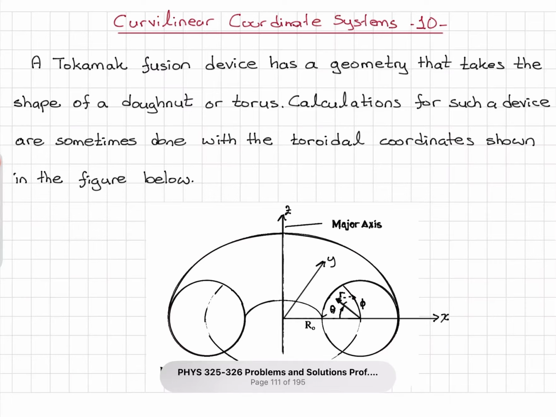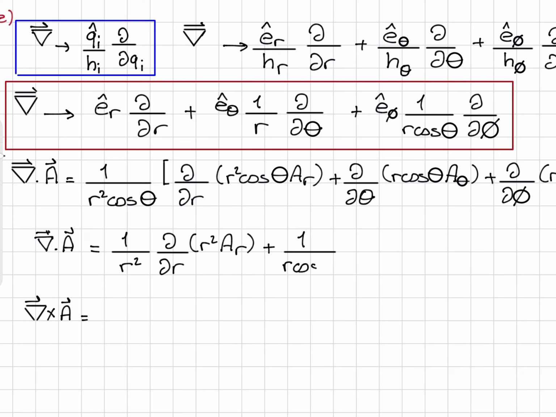So we obtain 1 over r cosine theta del del theta of cosine theta A theta.